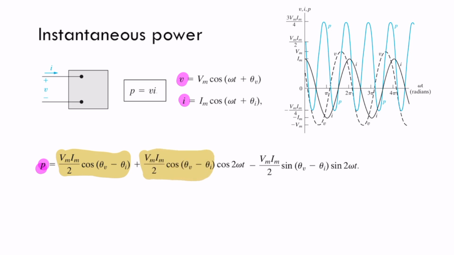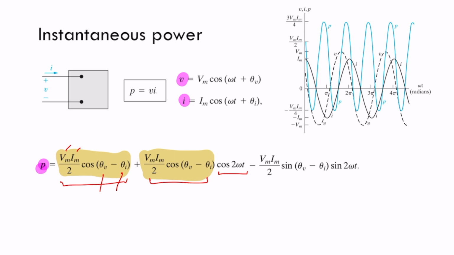This term basically doesn't depend on time, so it will always be constant. It depends only on the phase angles and on the magnitude of the amplitudes of the sinusoidal waves. So this is a constant number. This is also the same thing, but it's multiplied by cos of 2 omega t.